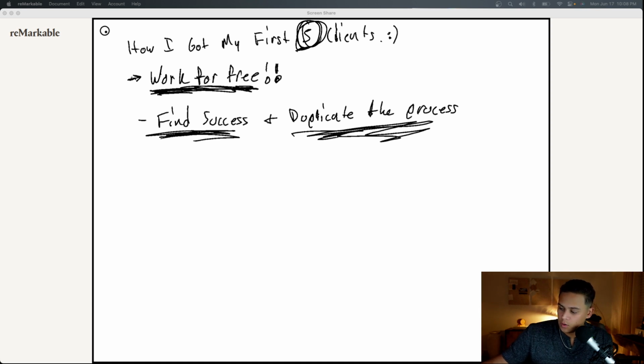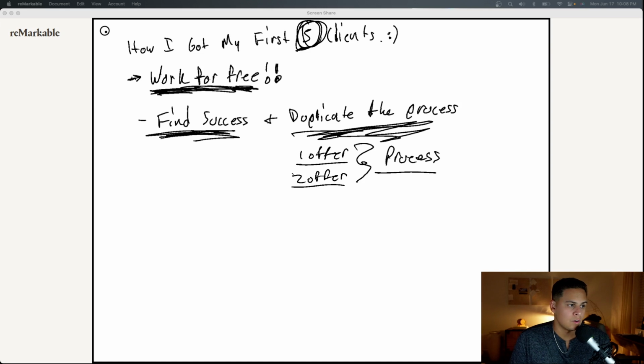So if you have one offer that you're testing for that specific client, you want to be able to duplicate it with a second offer, so on and so forth. So you know that you could take this process and apply it to anybody else that you guys start working with. Those are going to be your main goals.